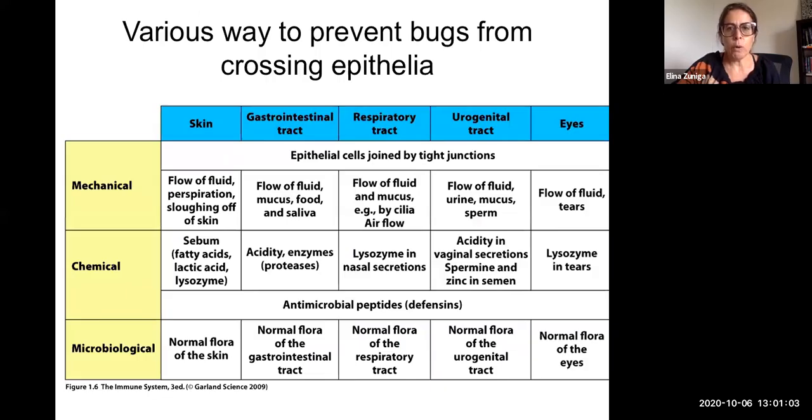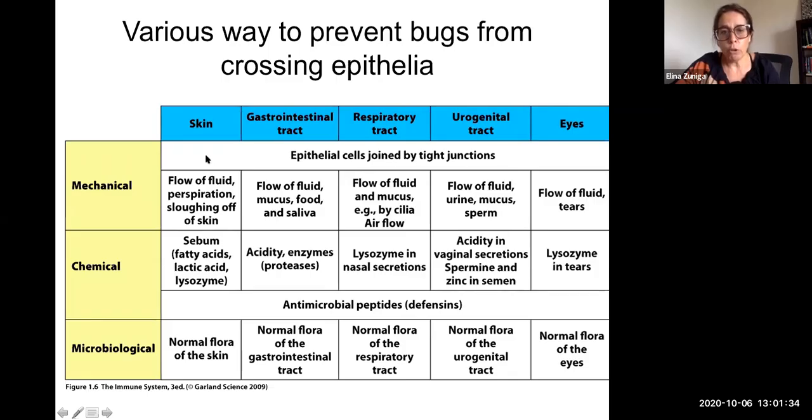Okay, so there are various ways to prevent microbes from crossing the epithelium. And so one is the mechanical, and this involves flow in the case of the skin. And again, these barriers that impair the crossing of the epithelium are in the skin, in the gastrointestinal tract, in the respiratory tract, the urogenital tract, and the eyes.